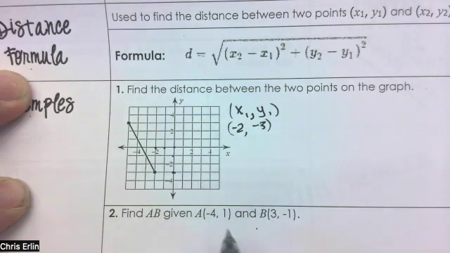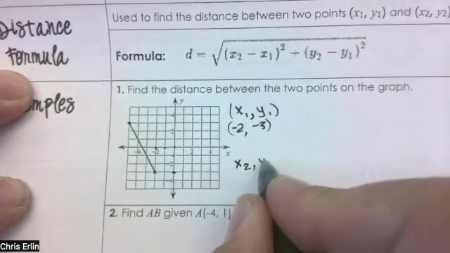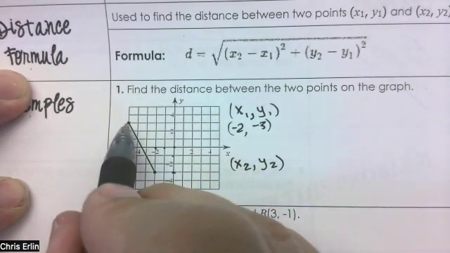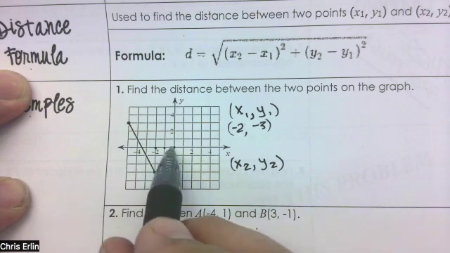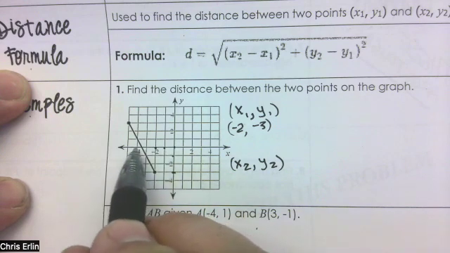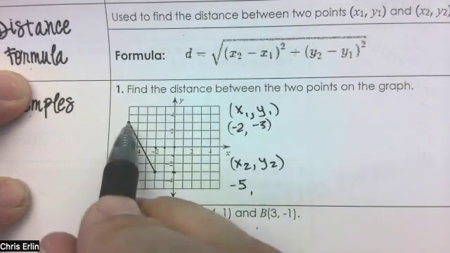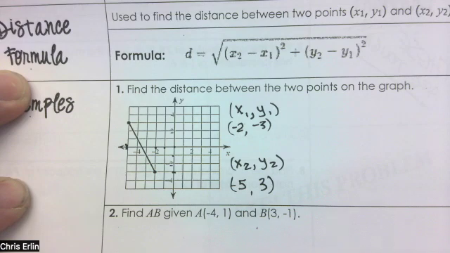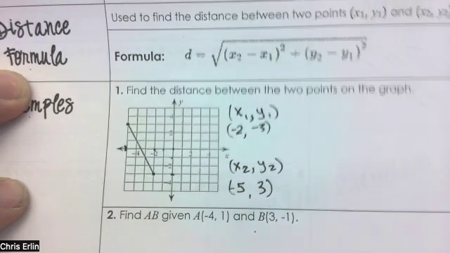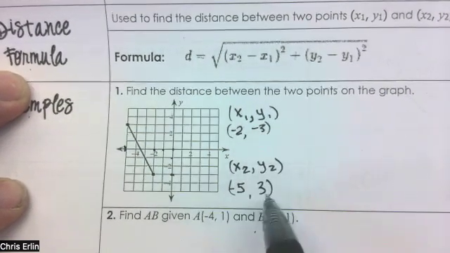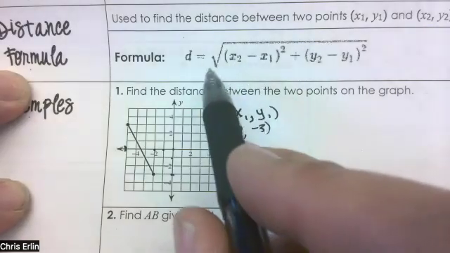So that's my x1, y1. x2, y2 is this point. So I'll count my x first: 1, 2, 3, 4, 5, -5. And my y is up 3. Having now found my 2 coordinates, I can plug them into the distance formula.